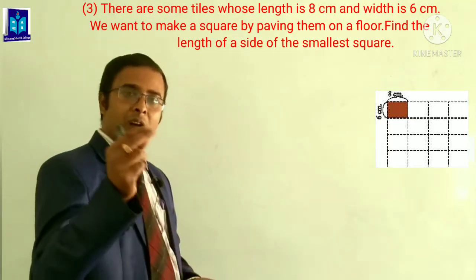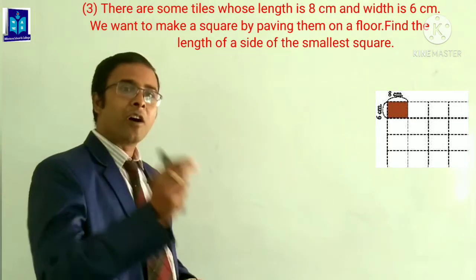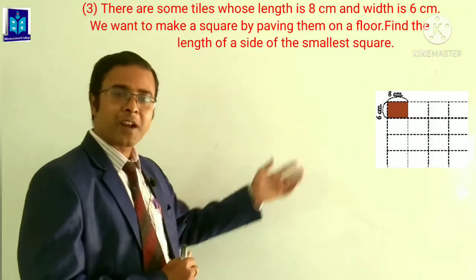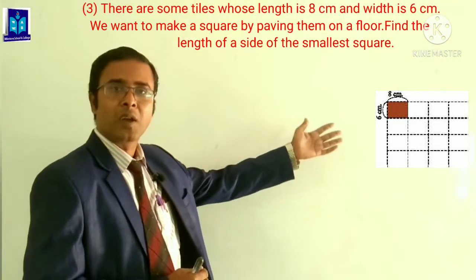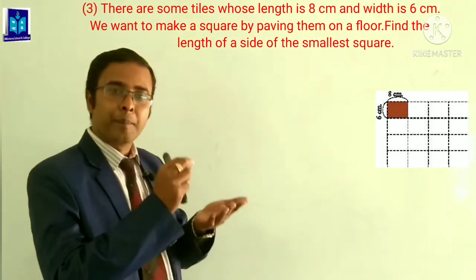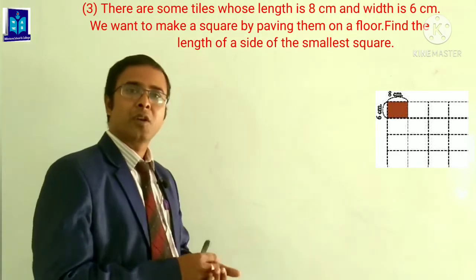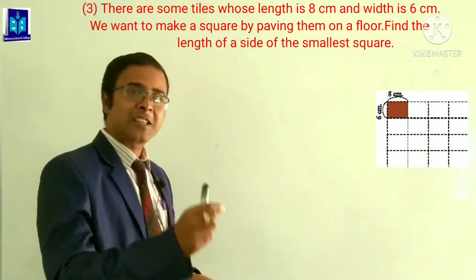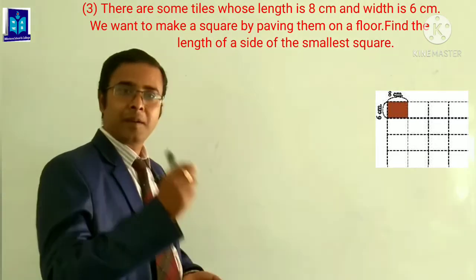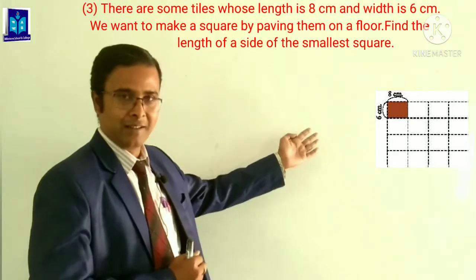Obviously, the size of tiles is smaller than the square. Why? Because by using some tiles, we want to make a square. For this reason, the size of square will be bigger than the tiles.